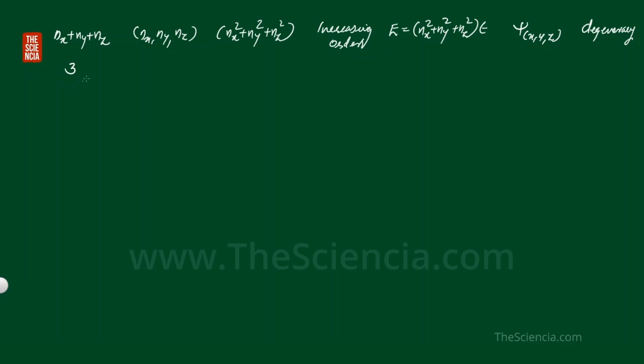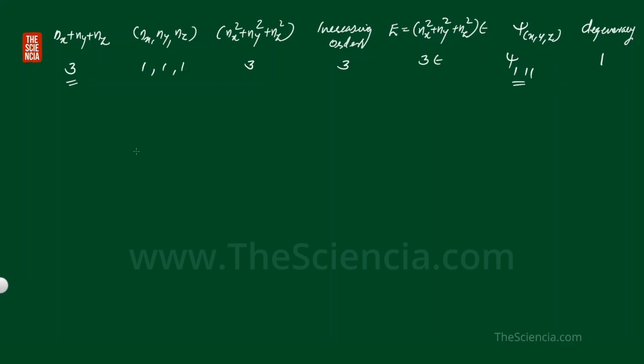When we take nx square plus ny square plus nz square, we get 3, and the corresponding energy is 3E, and the wave function is psi 1, 1, 1. So it is not degenerate. For this wave function, there is only one energy, that is 3. So degeneracy is 1, it is not a degenerate state.